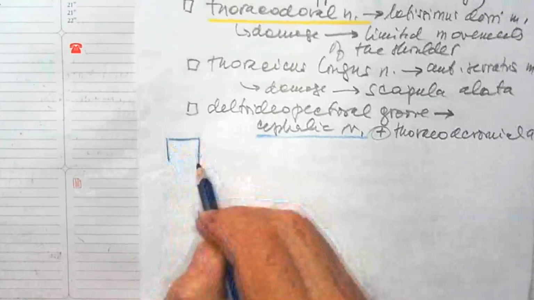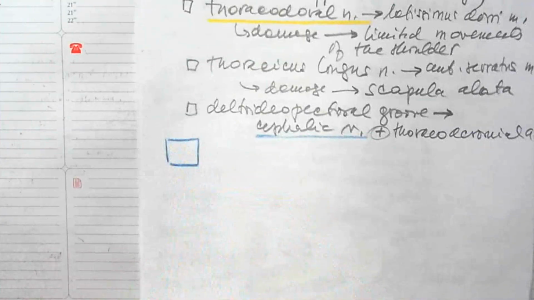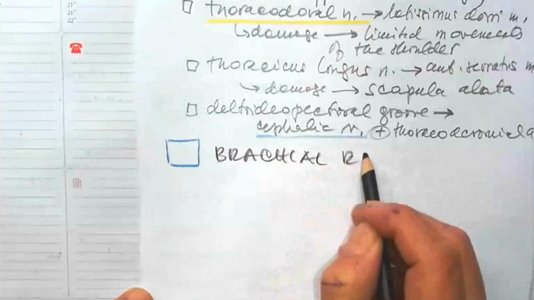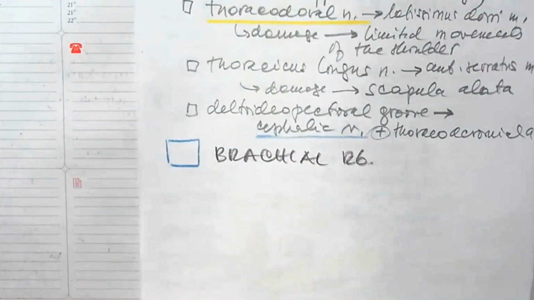Then follows the area called brachial. We call it the brachial region, regio brachialis. The brachial region is practically a large dorsal and ventral area.